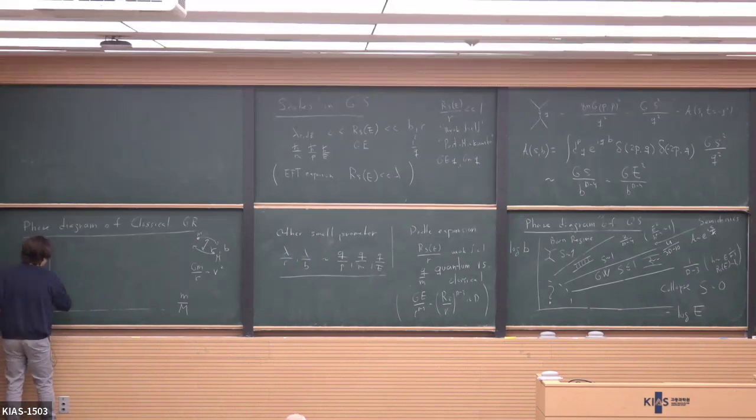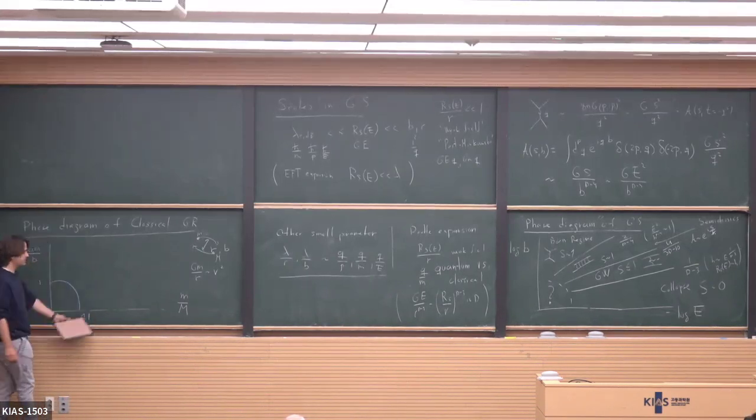So for instance, here again, there's some region, say, when the mass ratios are order 1, maybe up to 10, or 0.1, if this is supposed to be a small parameter.